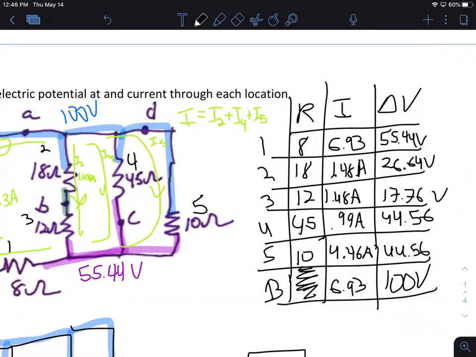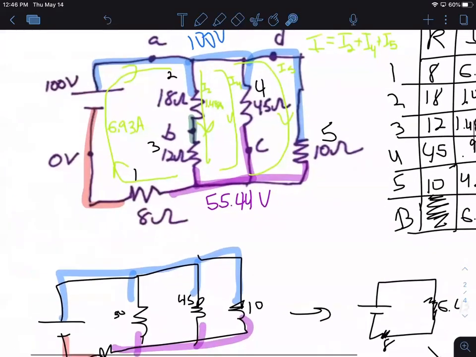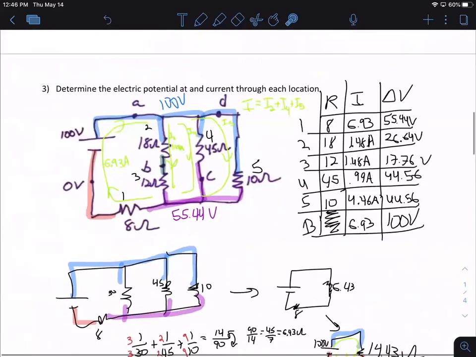I get 44.4, which is close enough given that I was rounding things. After it drops over both of them, it's dropped the same as these other two. Great. So now I can figure out whatever they wanted me to find out.